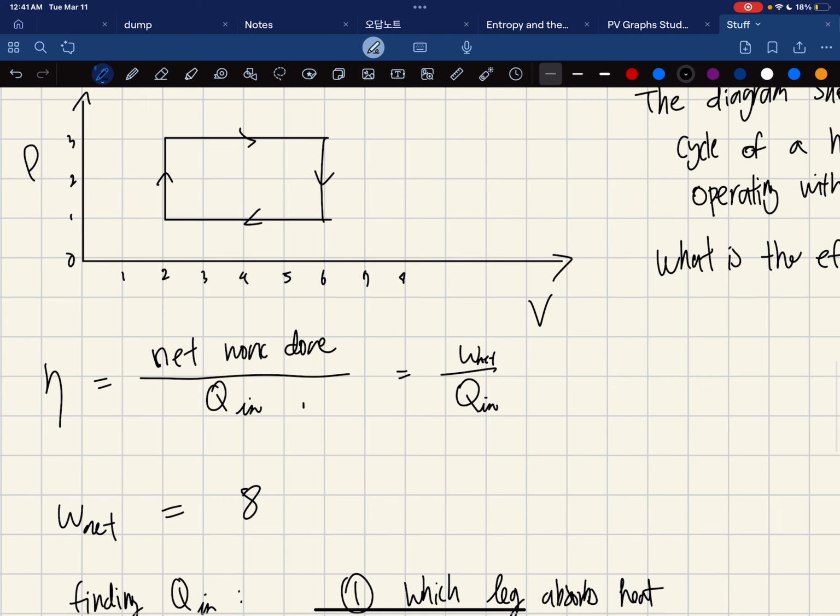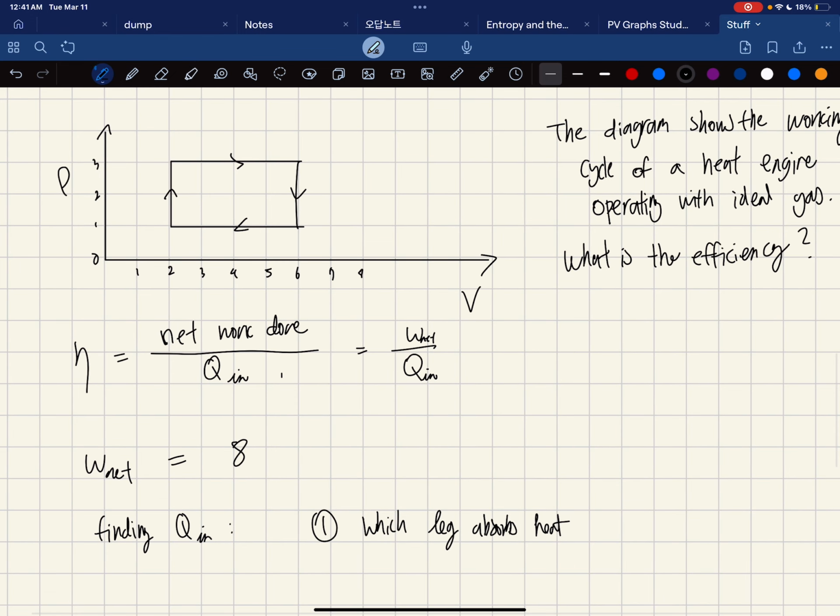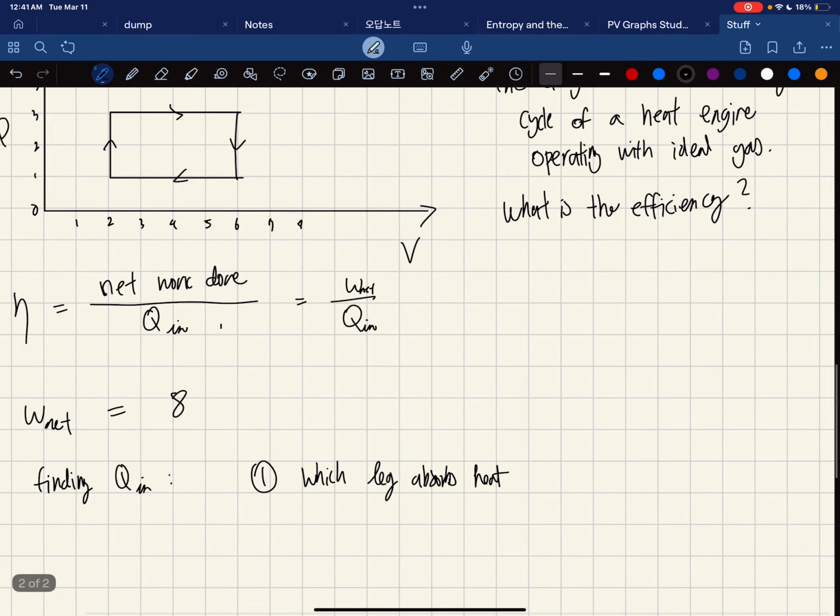So there's 4 legs in total that make up this curve. And I'm just going to find the leg that absorbs heat, so where Q is positive.